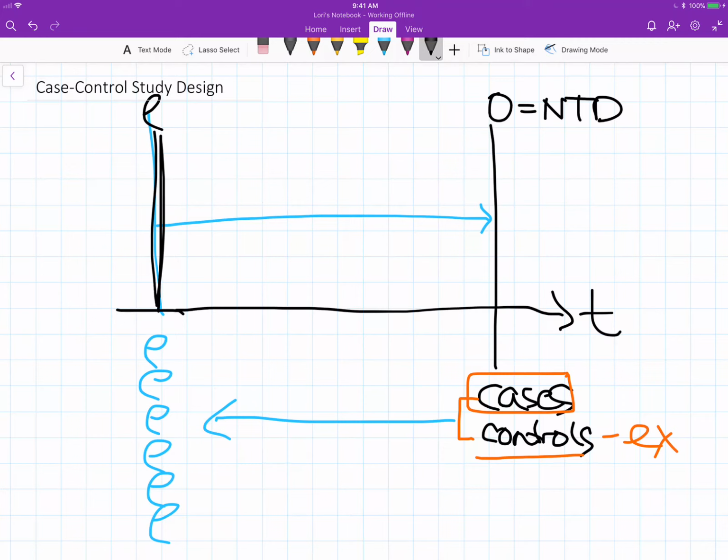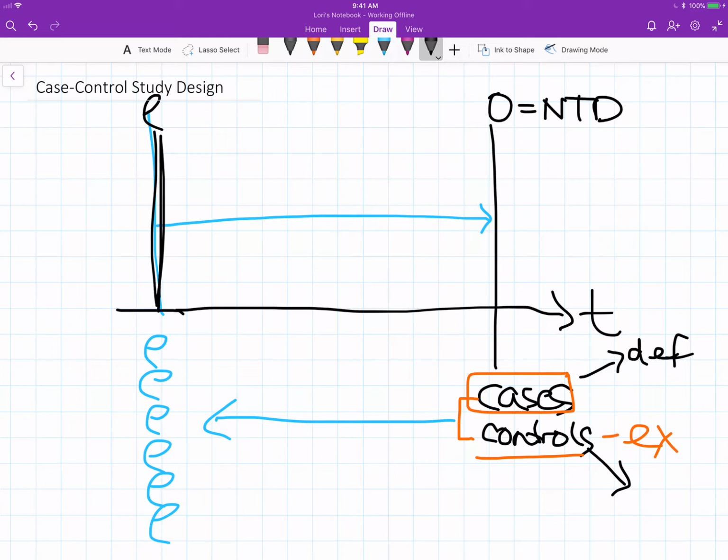So when we think about both cases and controls, there are a few things to keep in mind. Specifically with the cases, first of all, we have to define what a case is. And so that definition, for whatever outcome that we're thinking of, is the first step in doing a case control study.